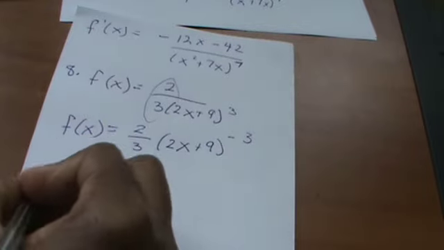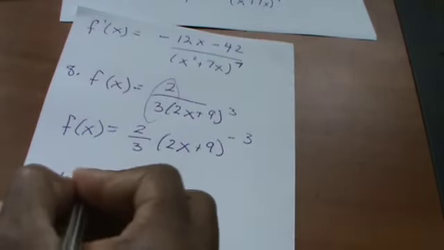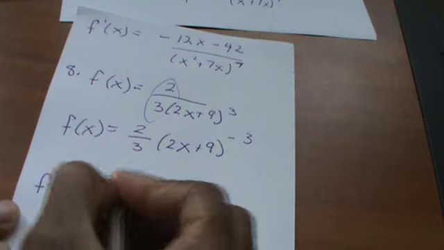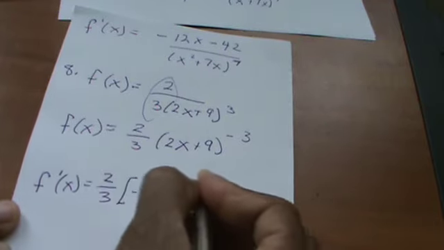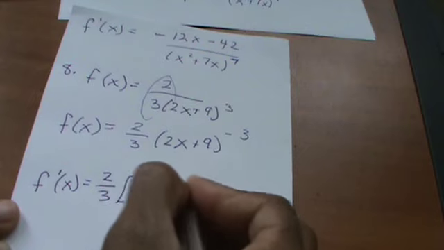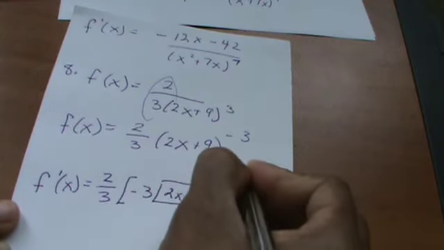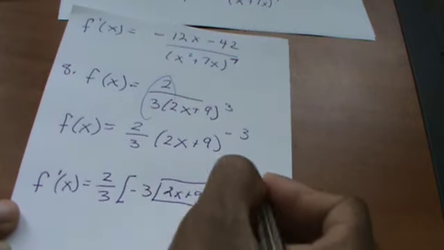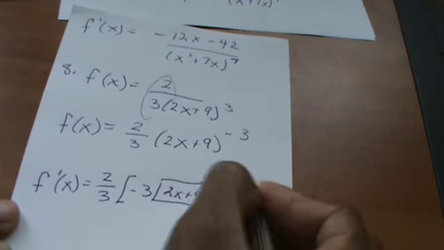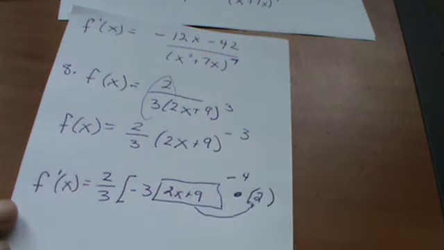Okay, so then f prime of x equals 2 over 3 times negative 3. Here's your brick. 2x plus 9 to the negative 4. Now, notice multiply. The brick disintegrates. Derivative of 2x is 2. Derivative of 9 is 0.